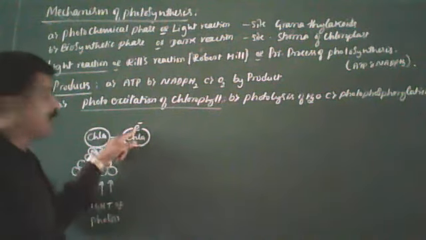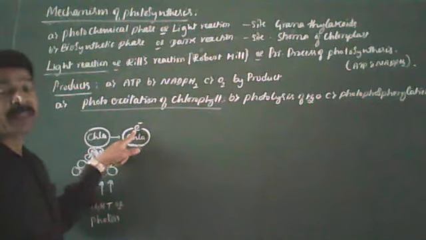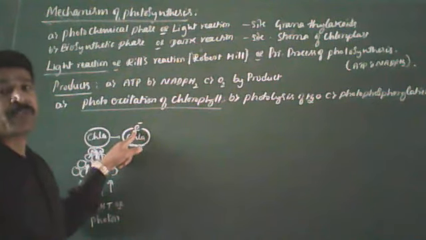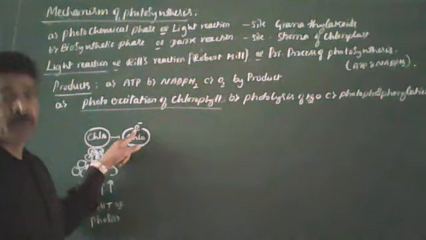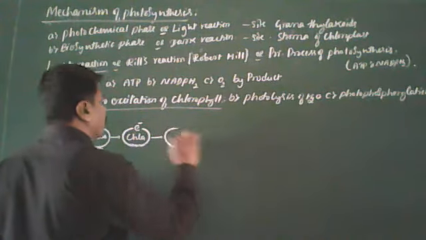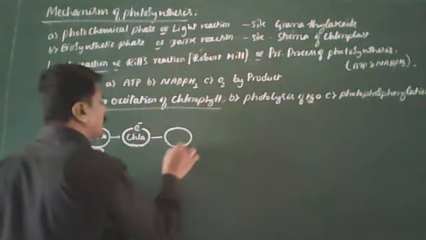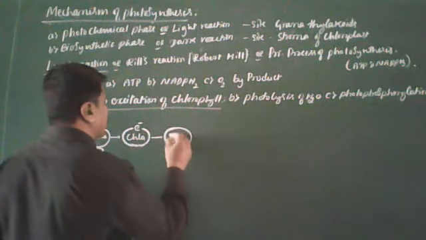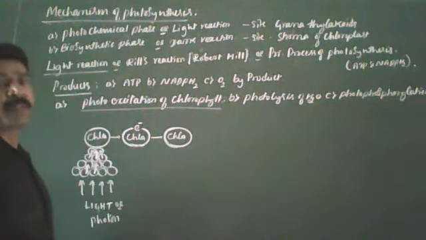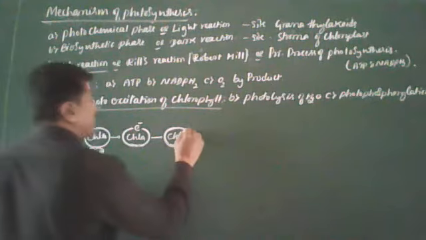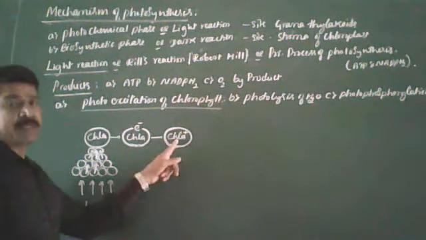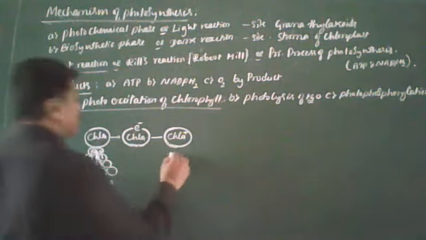The ejected electron is energy rich, accepted by acceptor molecules for the formation of ATP and NADPH2. With the loss of electrons, the chlorophyll molecule becomes oxidized and develops a positive charge.